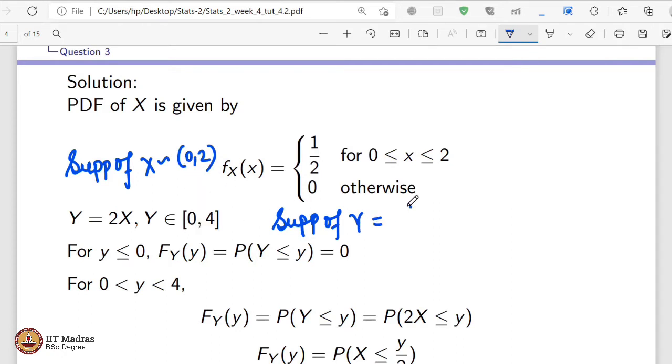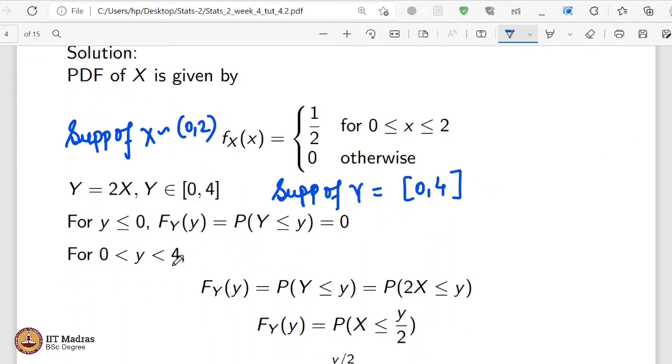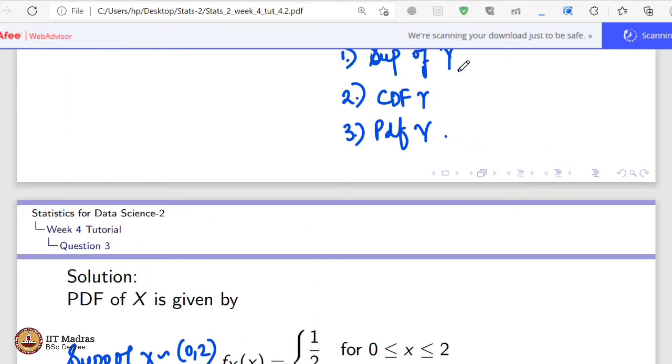Support of y is from 0 to 4. Support of x was from 0 to 2, and 2x was our random variable defined in terms of x, so we have the support from 0 to 4. First, we have to get the distribution of y. So the support of y we have calculated, it's done.